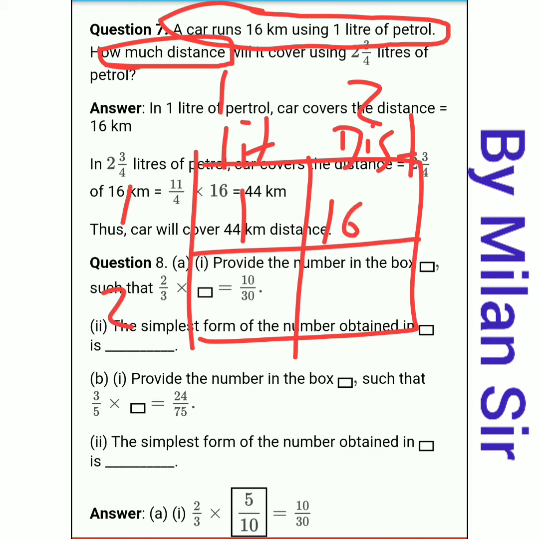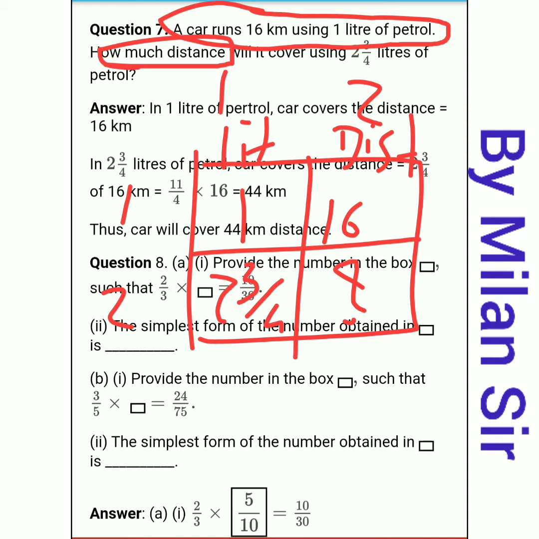Now in the second line, how much distance? That means distance we need to find, so question mark. Will it cover using 2 integer 3 by 4 liter? So here we need to put 2 integer 3 by 4. So this is the way to make this table.